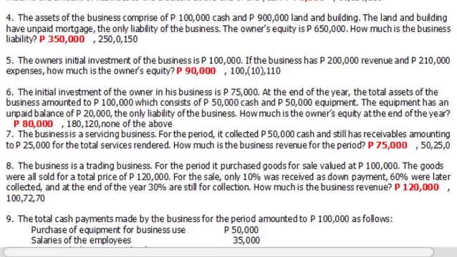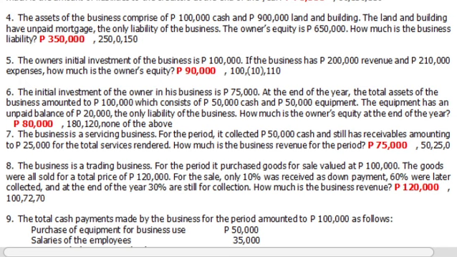Number 4, the assets of the business comprise of 100,000 cash and 900,000 land and building. The land and building have unpaid mortgage which is the only liability of the business. So may utang pa daw yung ating land and building. The owner's equity is 650,000.